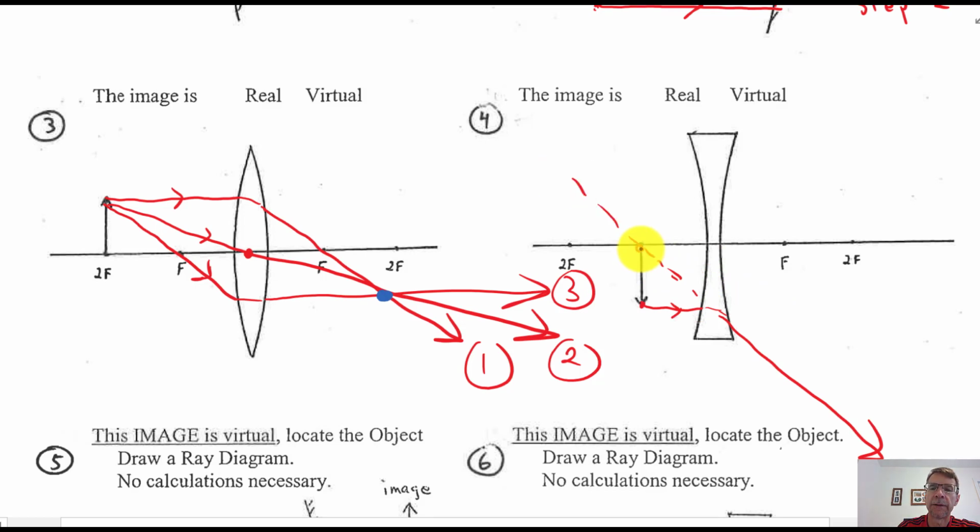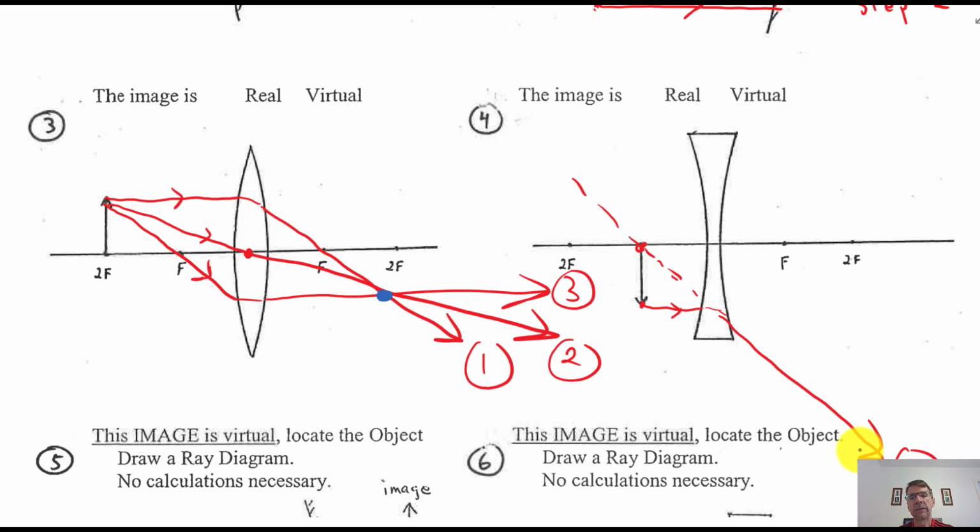There's F right there in that spot. So that number 1 there has to line up with the focal point, in this case, the object is on the focal point. So it has to line up with the focal point that's on the same side of the lens as the object.